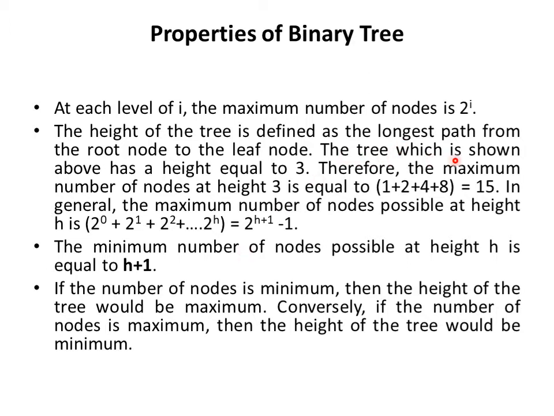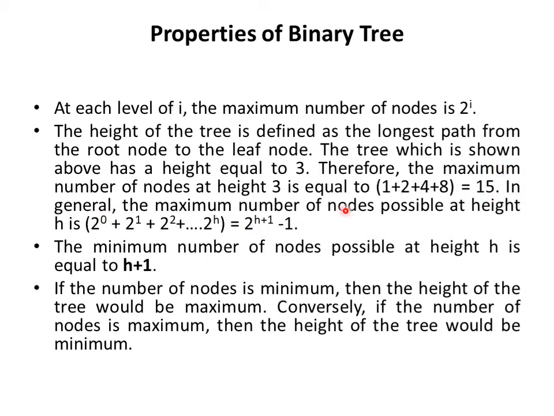The tree shown above has a height equal to 3. Therefore, the maximum number of nodes at height 3 is: first the root node, therefore 1. Next it has two children nodes, that is 2, and next 4. Similarly 8. When I sum this, we get 15.